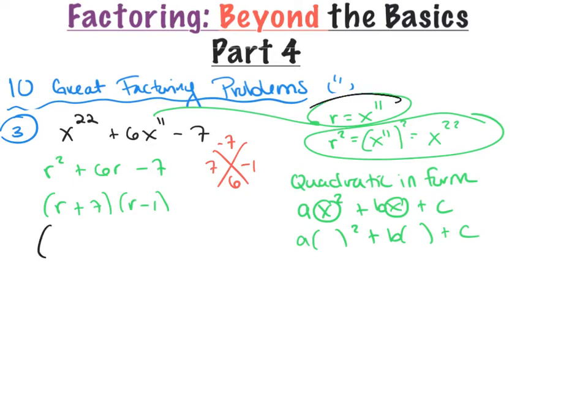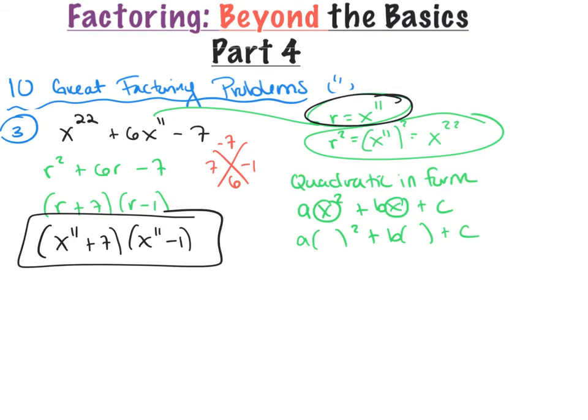So r was x to the 11, plus 7, x to the 11 minus 1. And again, if you can skip this stuff in green here and just go without doing the r substitution and go straight to the answer, that's totally acceptable. Let's do the next problem.